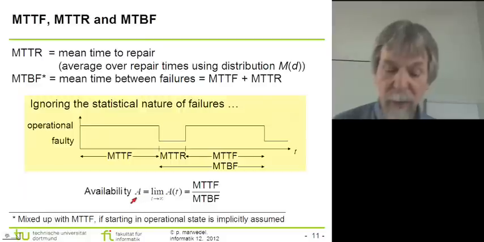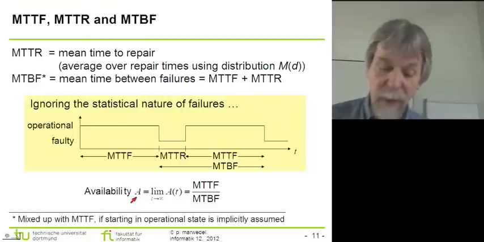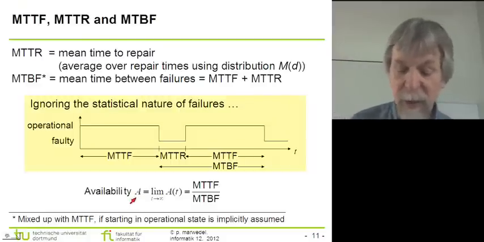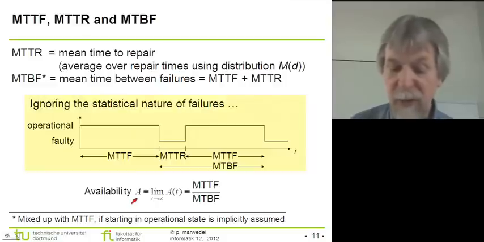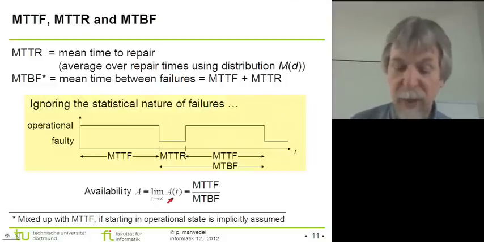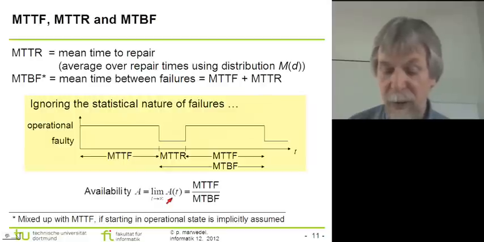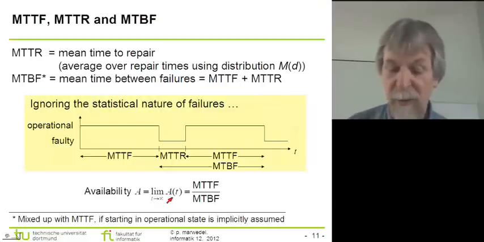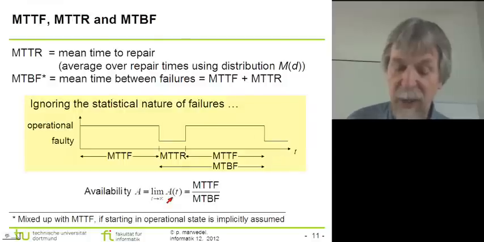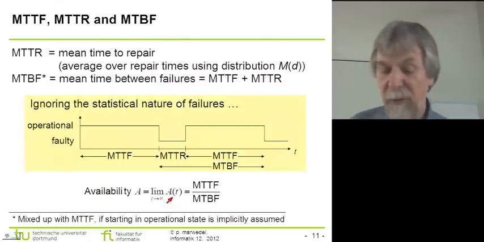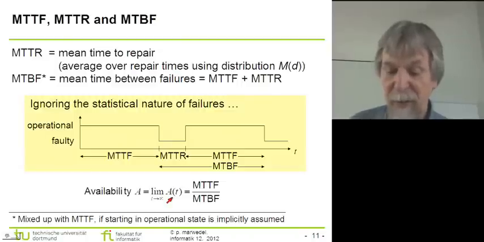Now, the availability that is defined independently of time is actually the limiting value of this expression for t becoming close to infinity. That means we are considering a system that we are kind of using forever. We are considering the case where we are always repairing the system, and for this scenario we are then computing the availability.